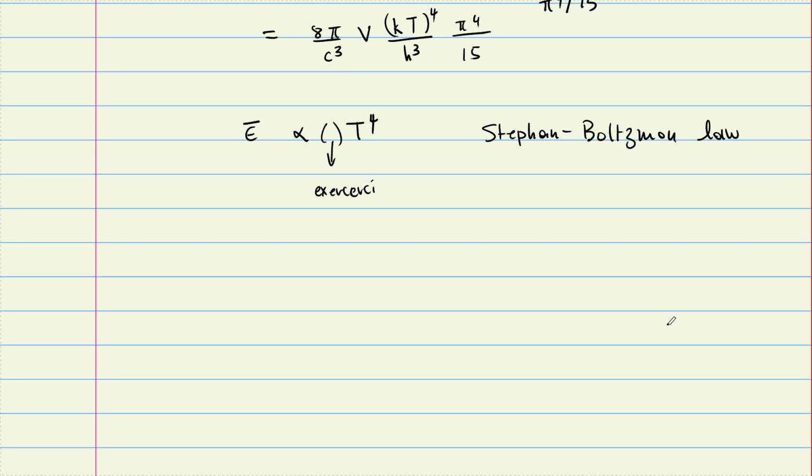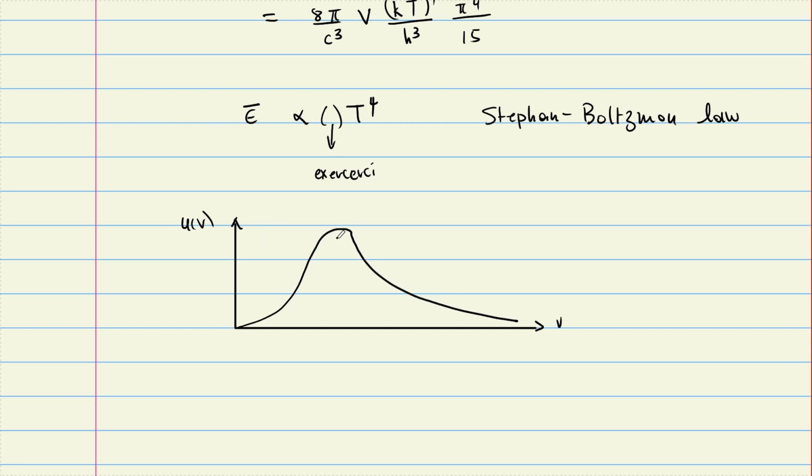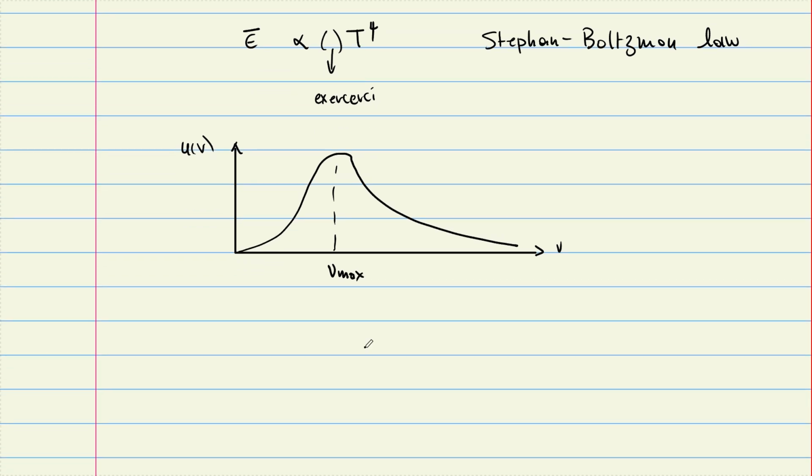And one last thing, maybe after that I can finish. We can also, okay, so this was the blackbody radiation. So this is u of nu, and this is nu, and there is something like that. There is some nu max, right? So you can also calculate that.